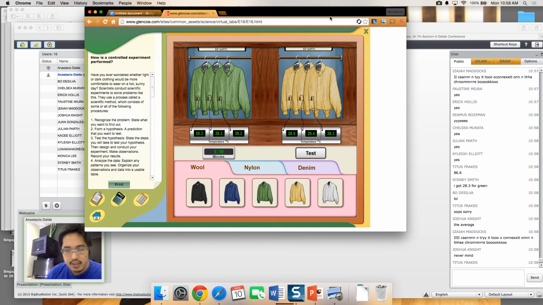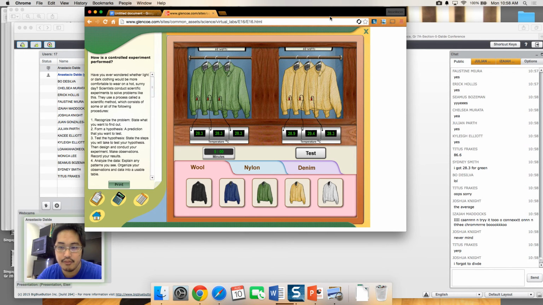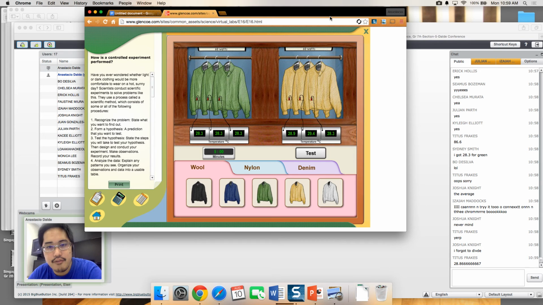I have a feeling that you added 28.9 plus 29.4 plus 28.3 up, but you forgot to divide by 3. Exactly, there we go. So divide that by 3 and tell me what the average for the yellow is. What did you folks get for the average yellow? 28.8666667. Okay.